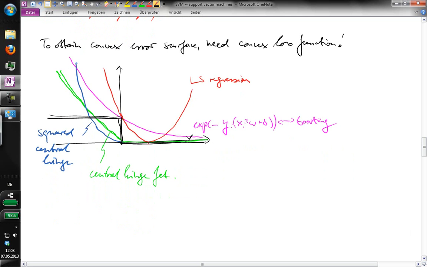Okay, so for the support vector machine, the central hinge function is one particular compromise.